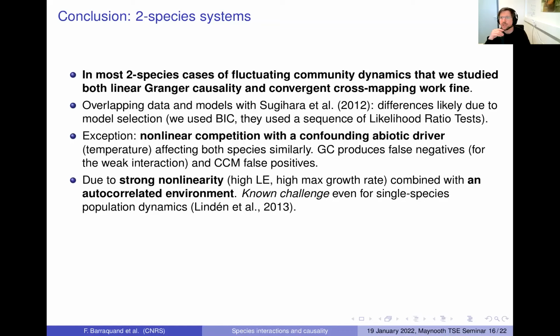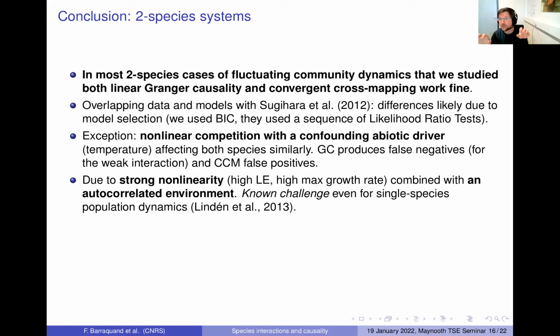And we've shown in additional simulations that this is due to the fact that you have both a strongly autocorrelated environment and strongly nonlinear dynamics. If you have either an uncorrelated environment and strongly nonlinear dynamics, or mildly nonlinear dynamics and an autocorrelated environment, this works.